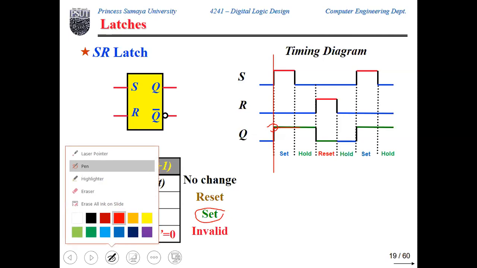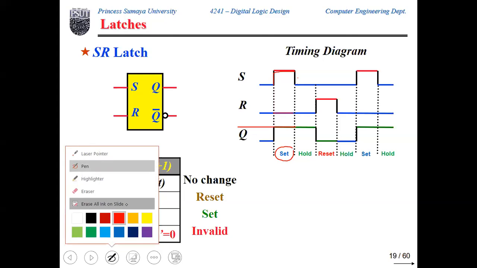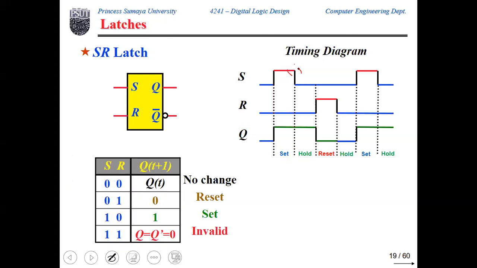What happens next is that S stayed 1 for a certain period of time and R stayed 0. So for this whole period, the operation that is performed is a set operation. Now at this instant of time, S is changed to 0, and R is still 0. What is the value of Q as long as S is 0 and R is 0?